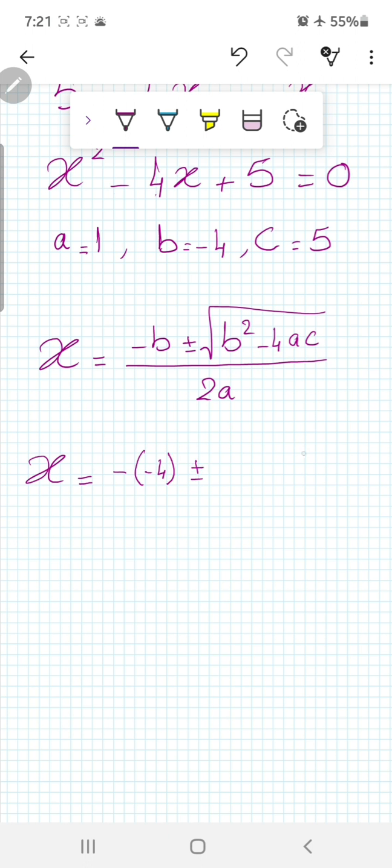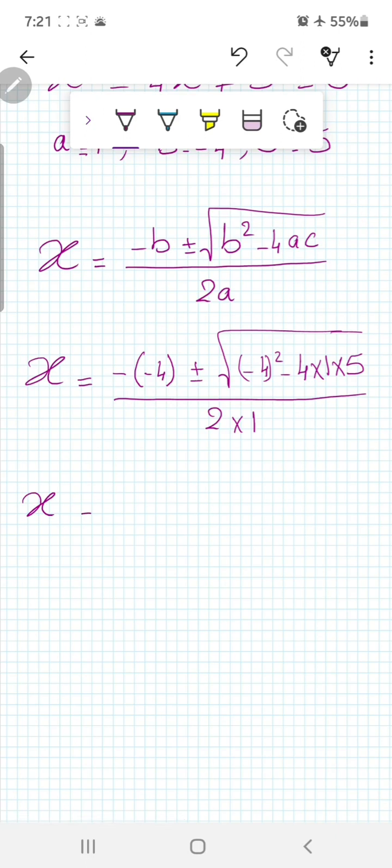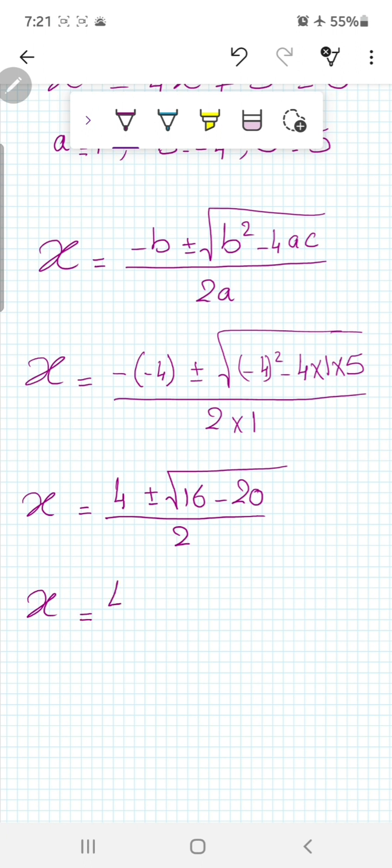Okay, positive or negative, negative 4 all power 2 minus 4 times A, which is 1, times C, which is 5, over 2 times 1. Simplify. First, get under the square root. Negative 4 will be 4. Positive or negative square root. Here we have 16 minus 20 over 2. So x equals 4, positive or negative square root negative 4 over 2.